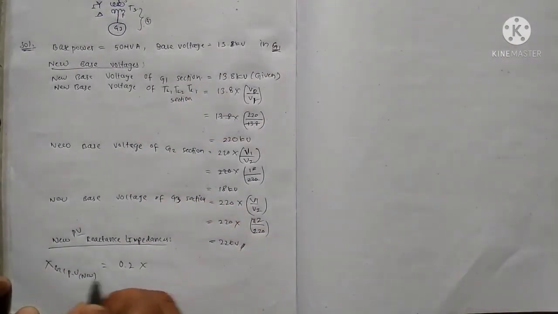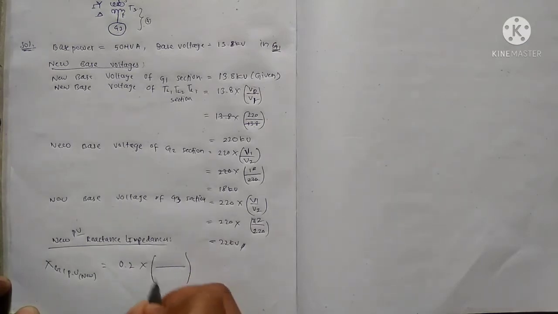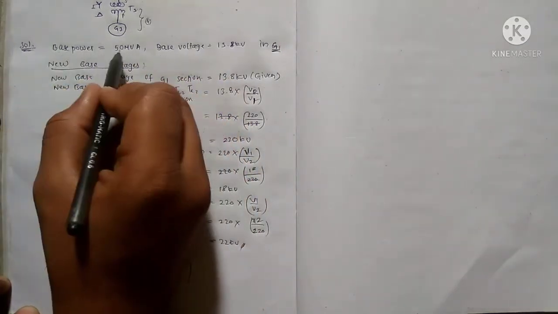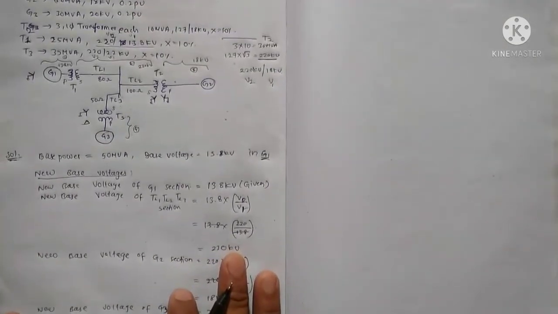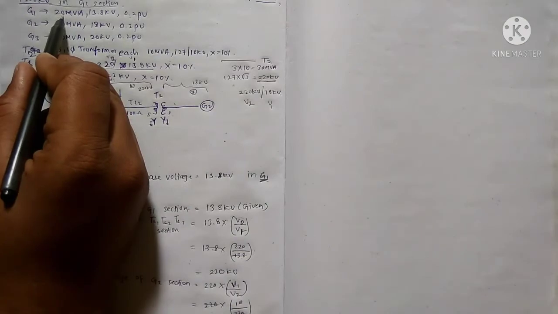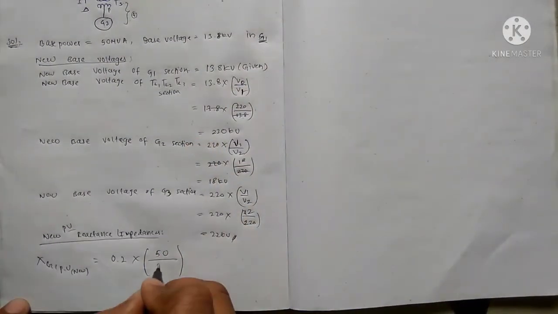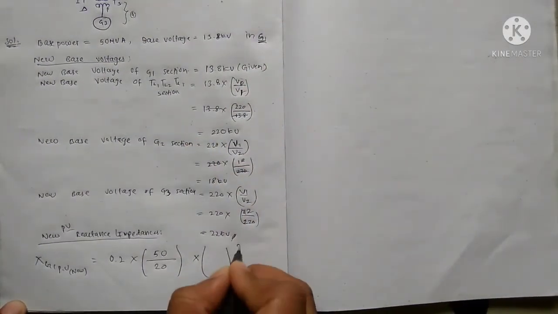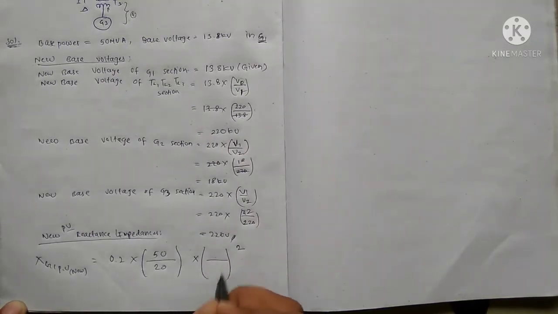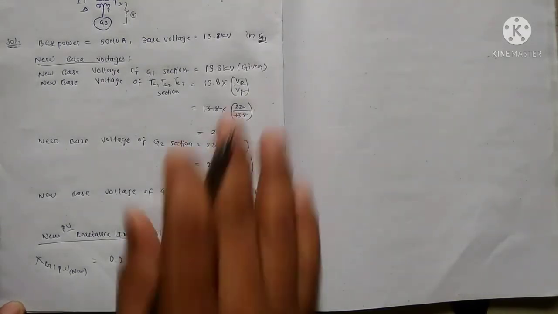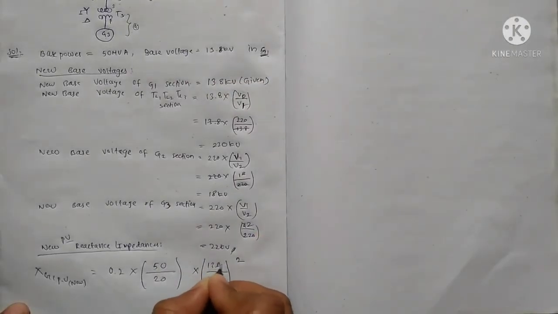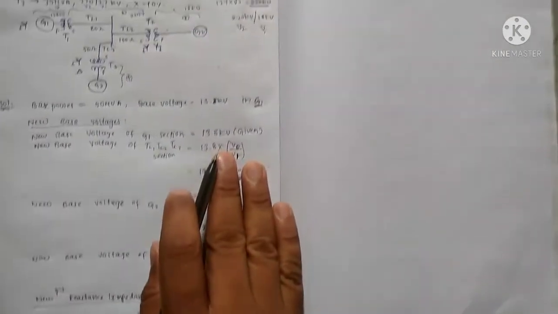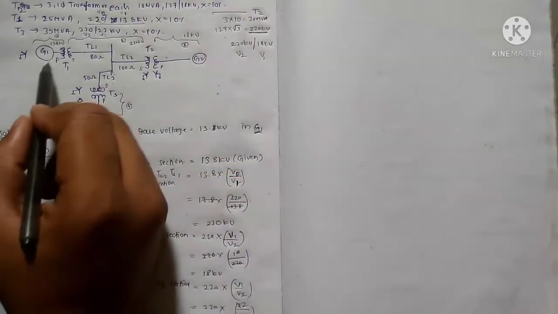Old reactance per unit is multiplied by, now this is the power section. The new power is 50 MVA, which remains the same, divided by the old power given in the question, that is 20 MVA for G1, multiplied by the voltage squared. The old voltage, as given in the question for G1, is 13.8 kilovolt, divided by the new base voltage of the G1 section.